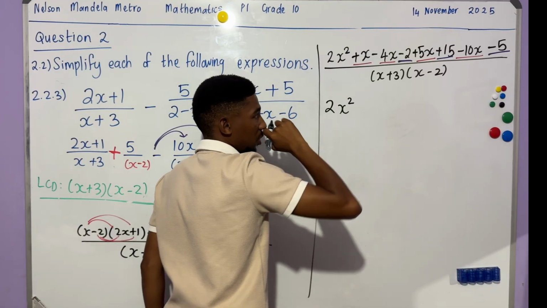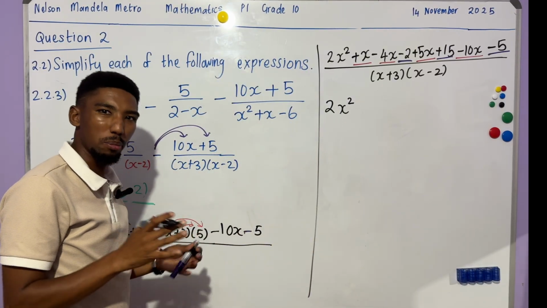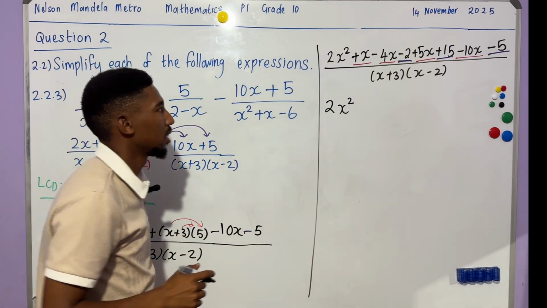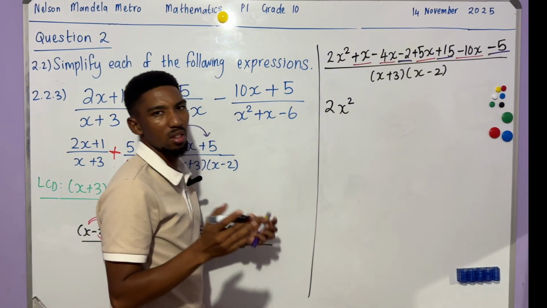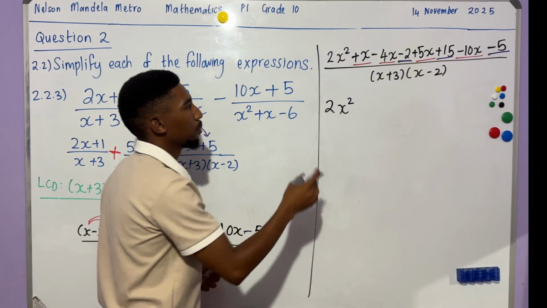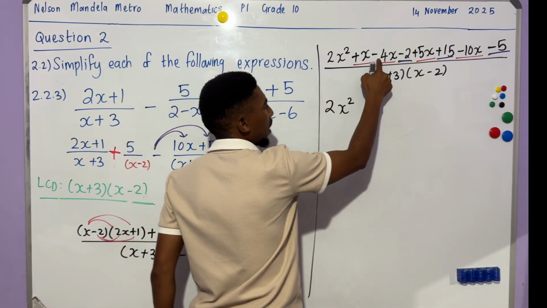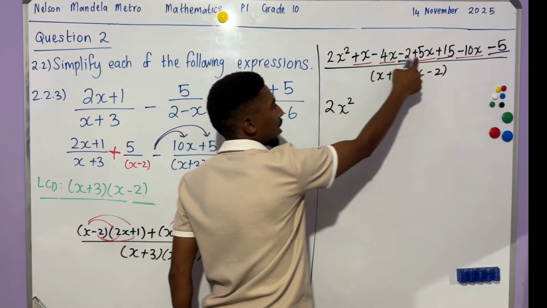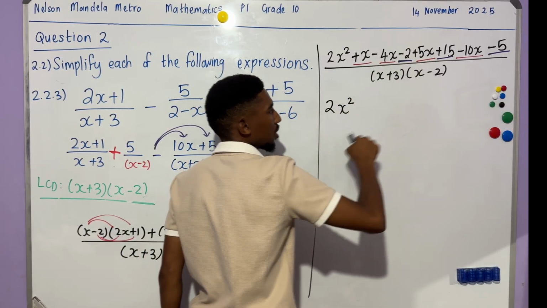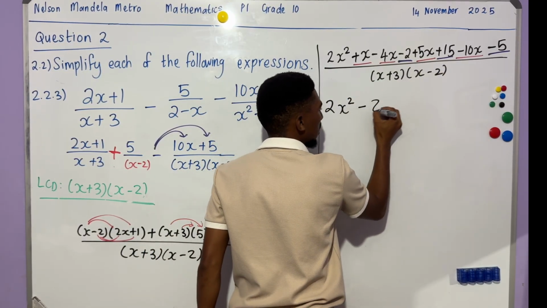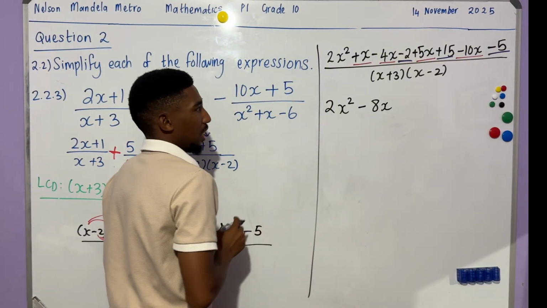You should be able to do that without grouping them together by now, since you are in grade 10 doing pure maths. But if you need to, you can do it on the side, but I'm going to skip it. Plus x minus 4x gives us minus 3x. Plus 5x gives us 2x. Minus 10x gives us minus 8x over there.